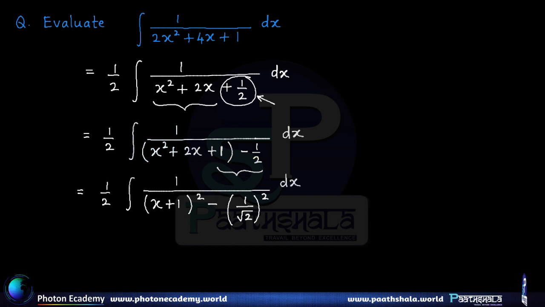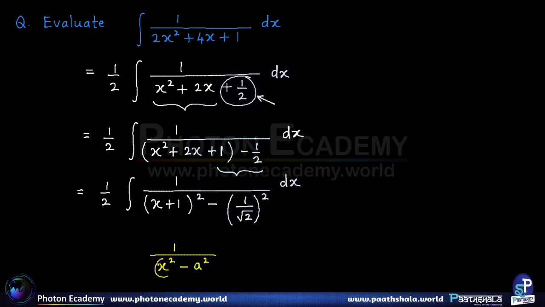So if you observe, we have got the integral of the form 1 upon x square minus a square, where as we have seen previously x can be any linear expression in x also. Still the standard result is equally applicable, alright?